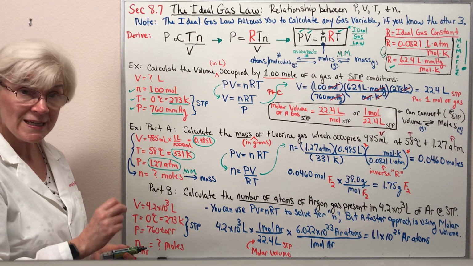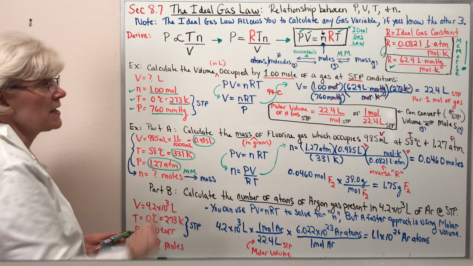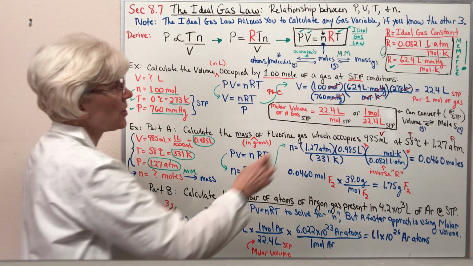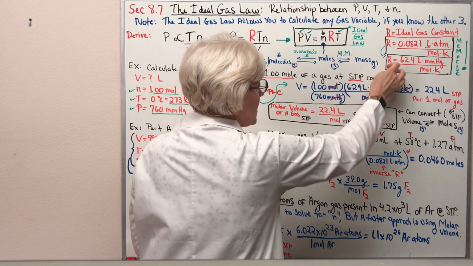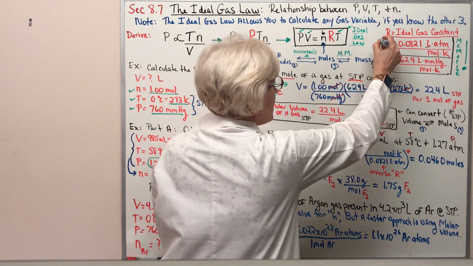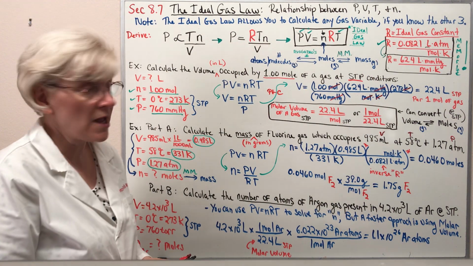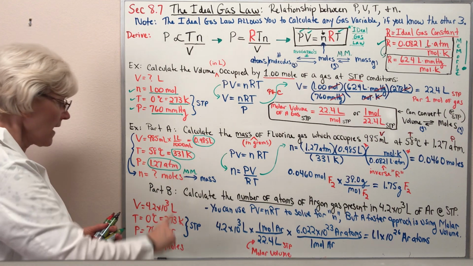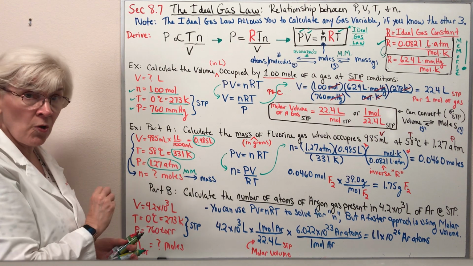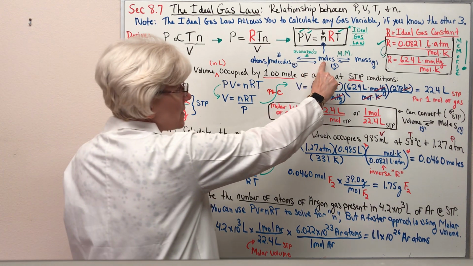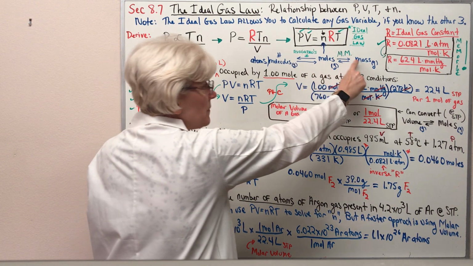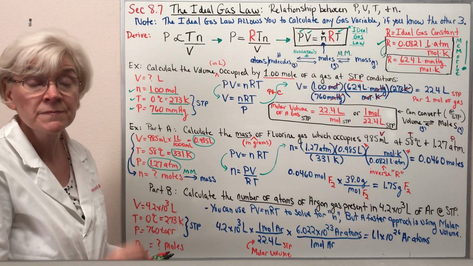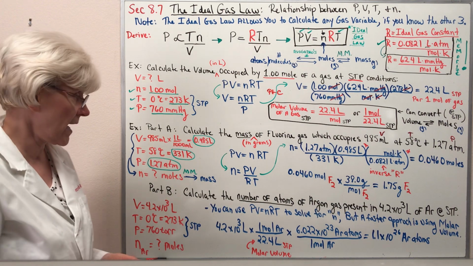My pressure is in atmospheres, so I'm going to need to make sure that in this particular instance I'm using the first ideal gas law constant, which has a pressure unit of atmospheres. And I'm going to solve for moles. And once I solve for moles, I should be able to use the molar mass to calculate the mass in grams.